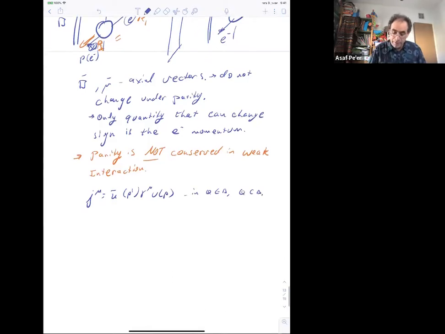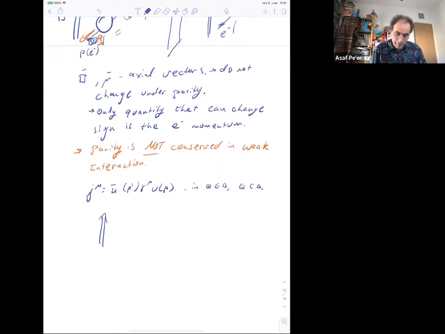Another way of seeing the same thing is to have, okay, so we have this is the z-axis.